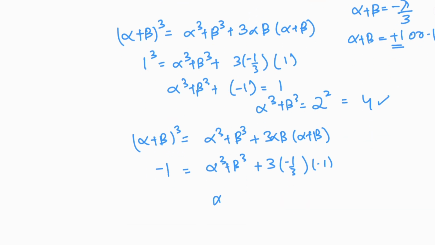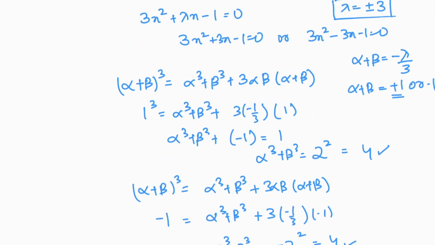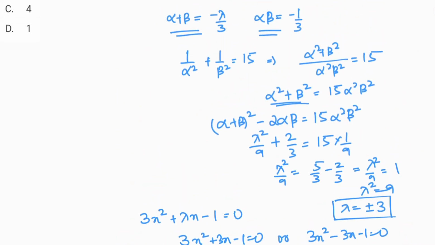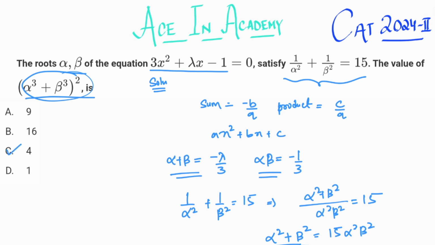Now upon calculation, alpha cube plus beta cube is equal to minus 2. Now the square of this value is again equal to 4. So in both the cases, the value is coming as 4. So we can simply say that our answer is option number C, 4.